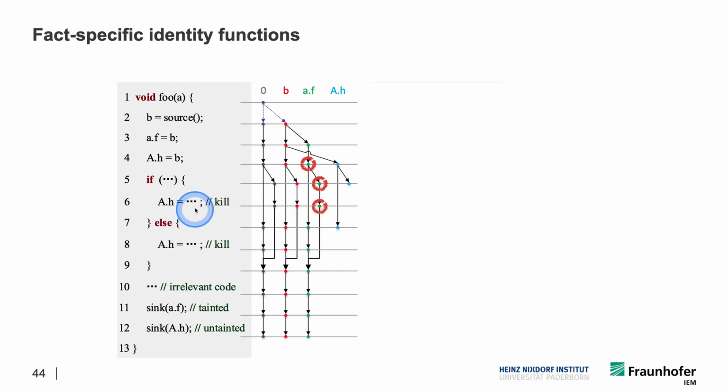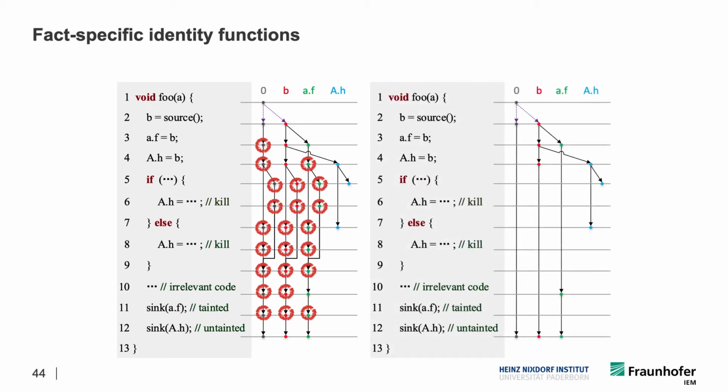But also here, this statement has no effect on a.f, right? And now if you continue doing this, you will actually find that all of these here in this example, I mean, the example is well chosen, right? But nonetheless, all of these different functions here are fact-specific identity functions. And that means that you can actually project them away, all of them, right?